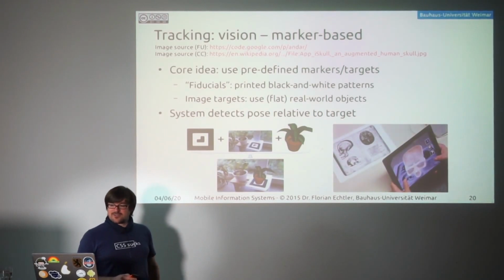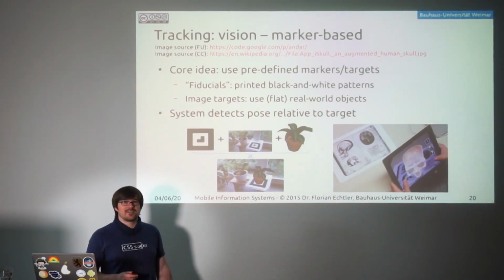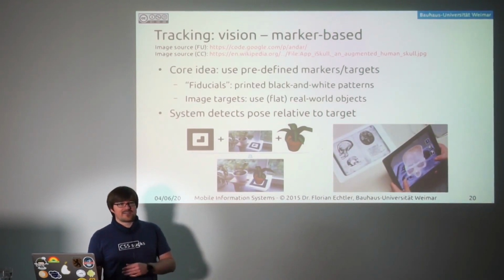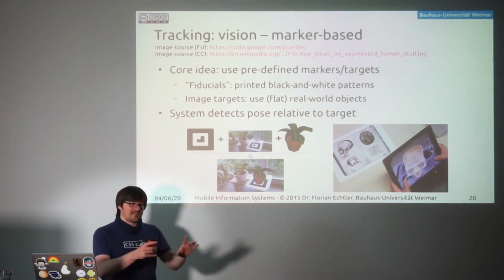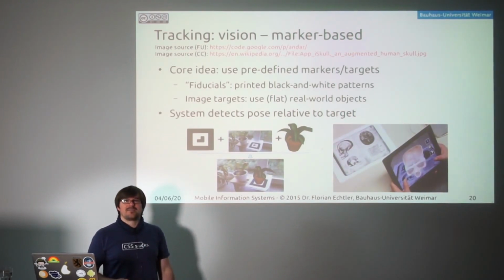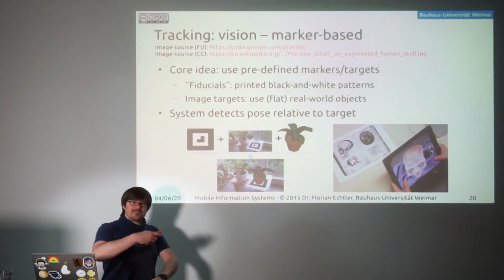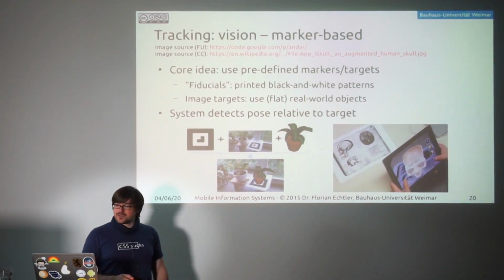So this is kind of the most straightforward approach people are using for many commercial augmented reality applications. I think, for example, the IKEA catalog uses that. So you need an extra IKEA app, and then if you look into the catalog with that, then it will recognize specific pages in the catalog and display additional virtual content on top.